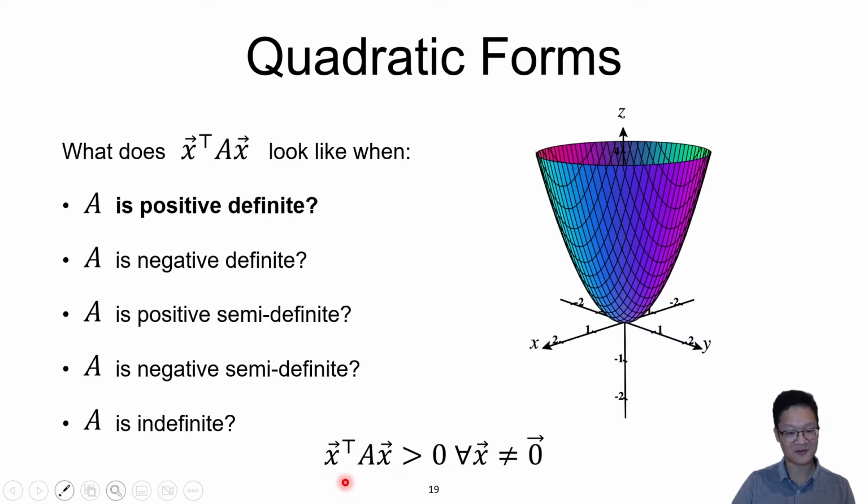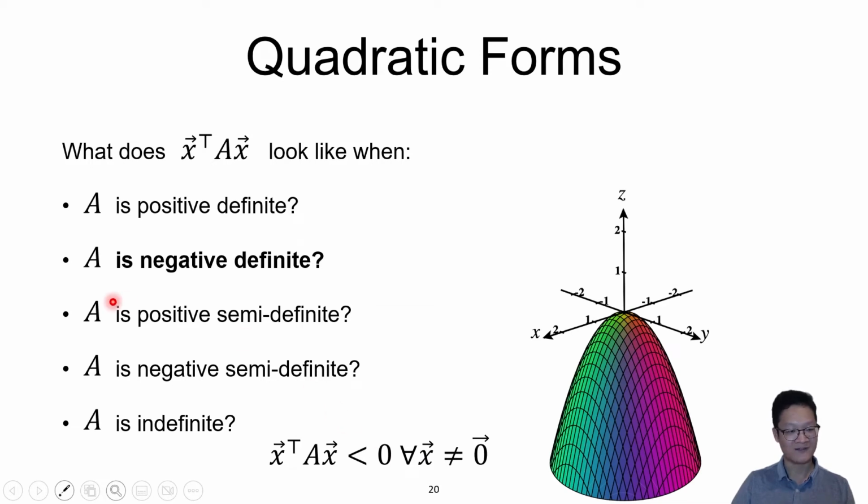So this quadratic form is always greater than 0. And in the other direction, when A is negative definite, the quadratic form looks like an upside down paraboloid, a paraboloid opening down. Again, no matter what x you plug in, the value will always be negative, except when x is 0, in which case you get 0.